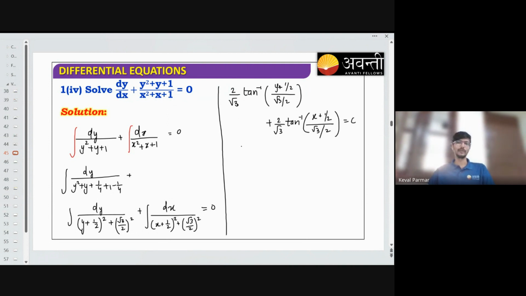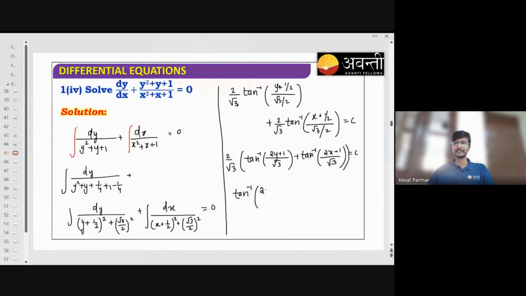So I can take 2 by root 3 common. If I take 2 by root 3 common, what is left inside is tan inverse of, after taking LCM, 2y plus 1 upon root 3 plus tan inverse of 2x plus 1 upon root 3.